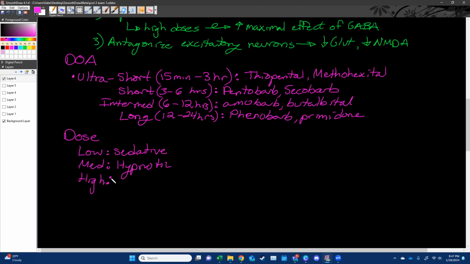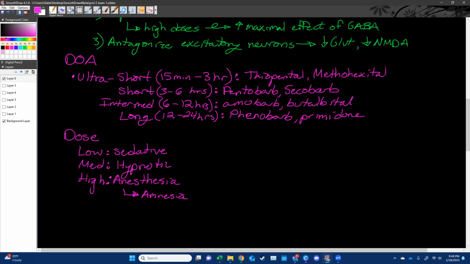And then finally, high dose is your anesthesia. The big thing to remember with anesthesia is that we get amnesia at these doses. So we're preventing the body from remembering whatever trauma we're doing to it while it is asleep. For instance, if we're going to slice it open because we're doing a surgery.